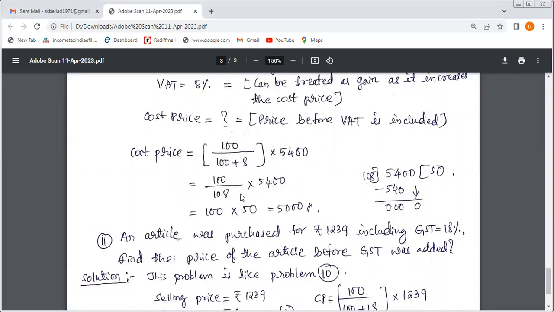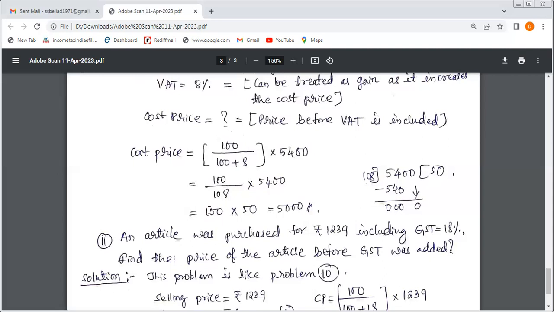And this we have to divide. 5,400 divided by 108 gives 50.